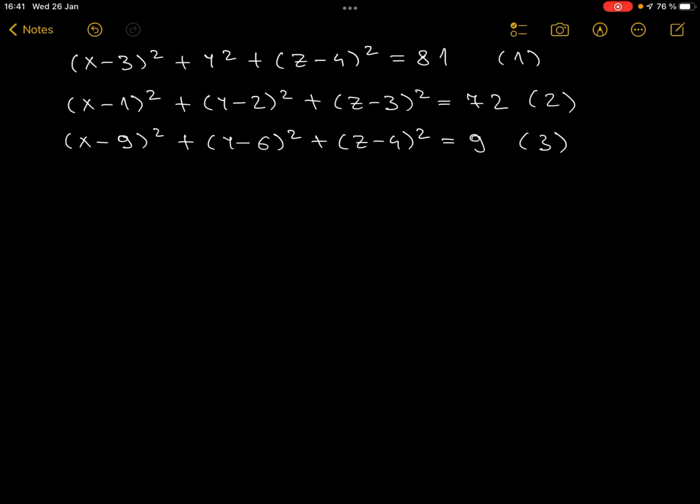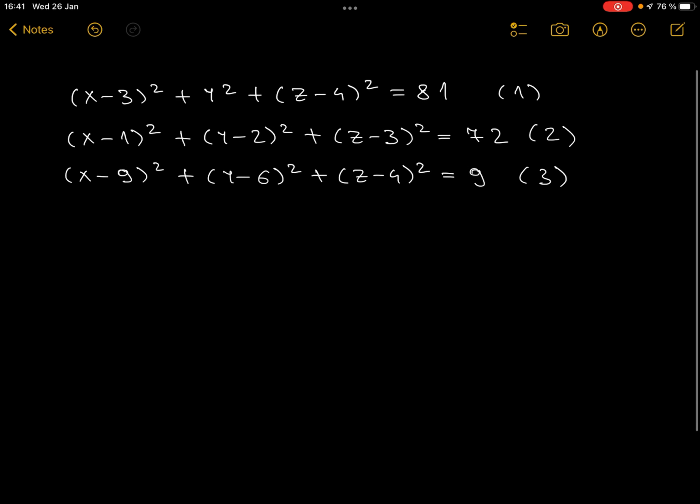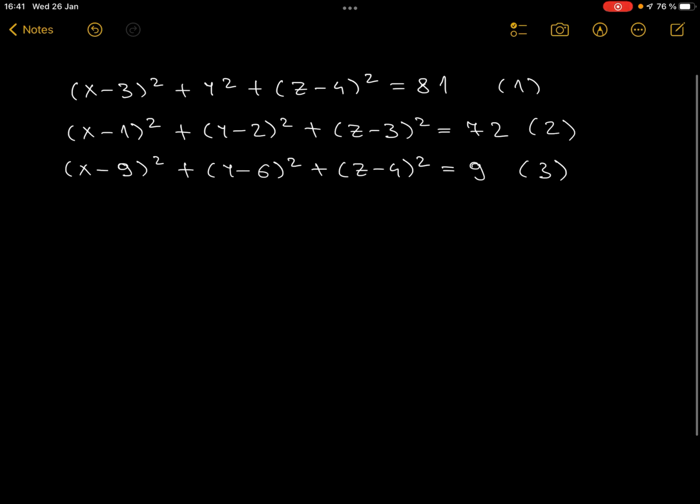Hello everyone. Today we're going to be solving a system of three quadratic equations, with quadratic terms, I mean. This can be interpreted as finding the intersection points of three spheres, one whose center coordinates are 3, 0, and 4, with a radius of 9.